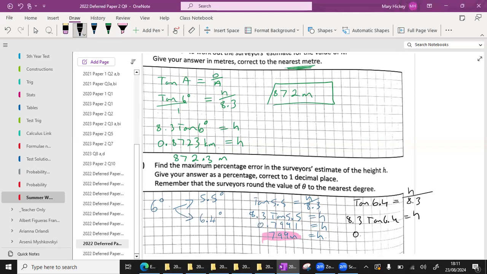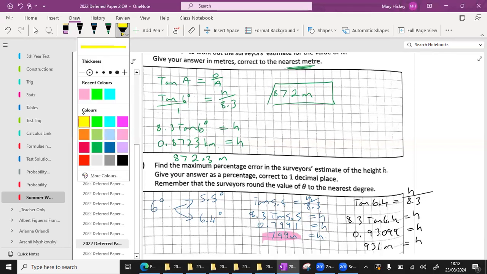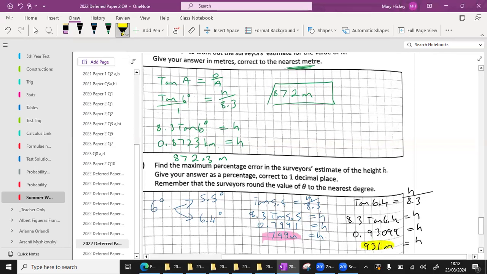And that is 0.93099 is my h. So that's 931, I guess, meters if I round to the nearest meter. So we have the two ends of the spectrum here. We have the largest the h could be and the smallest the h could be, and then somewhere in the middle.